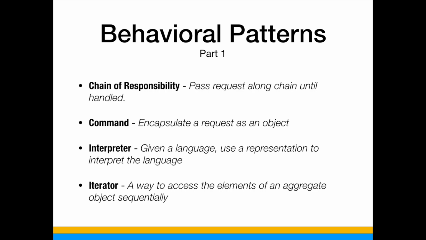An interpreter is essentially like you can define a little mini language and have that thing interpret. The next one is interesting because the iterator is all over the Java language. The iterator essentially is going to hide the access to the elements regardless of how it was generated. We're going to talk about this one in particular as an example in a few minutes.